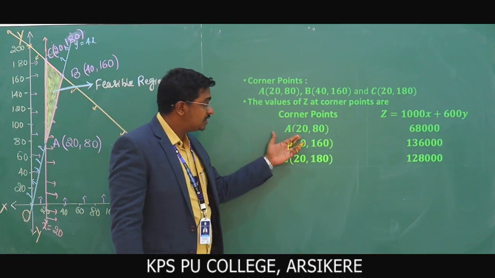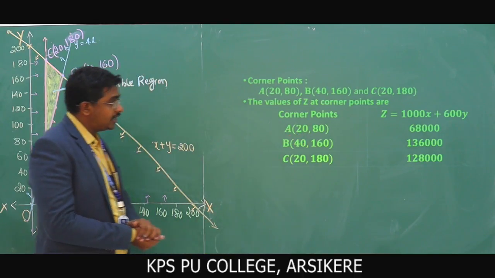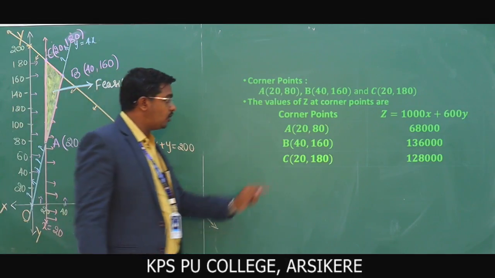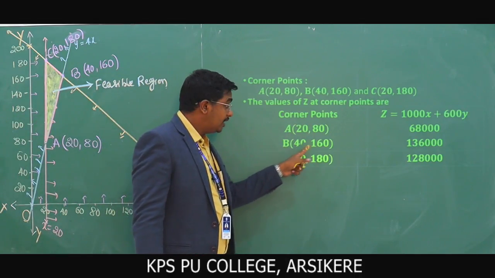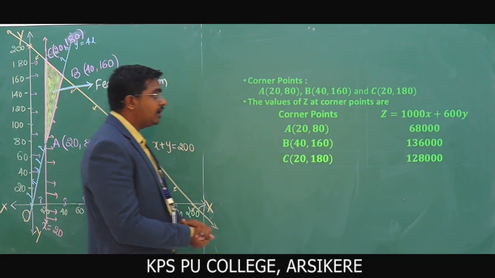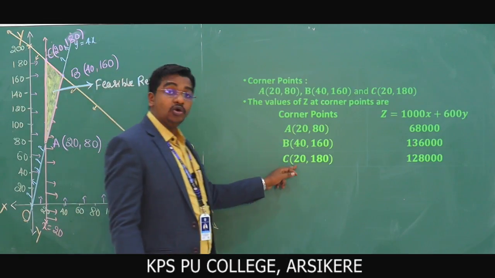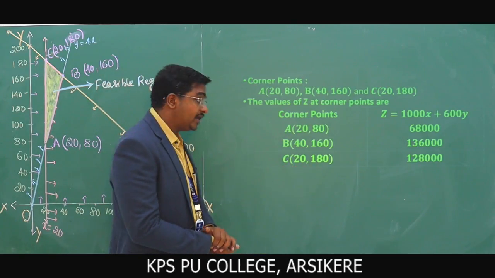When I substitute x is equal to 20 and y is equal to 80, we get here 68,000. Similarly, when I substitute x is equal to 40 at the point B and y is equal to 160, we obtain here 1,36,000.